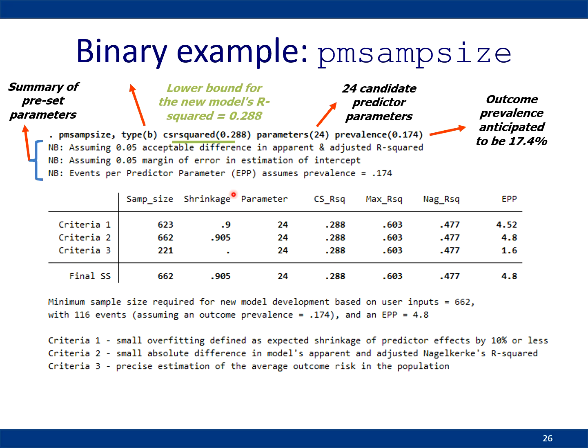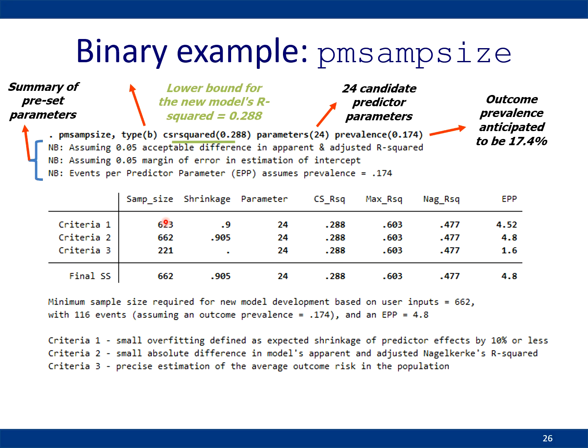So then the next thing we see is this printout of the sample size calculations for each criteria 1, 2 and 3. And we can see they are listed here at the bottom as a reminder. So in the table we have the sample size required to meet each criteria.